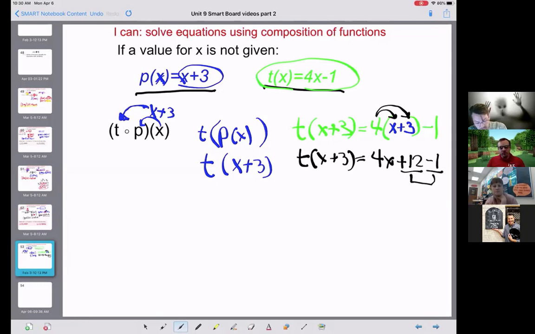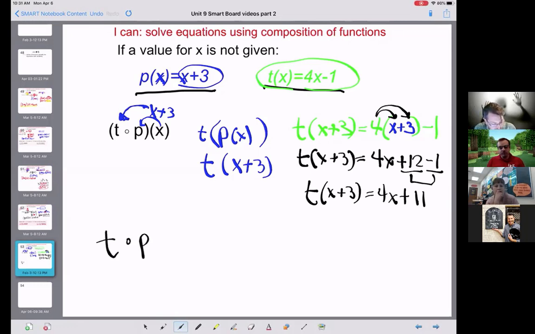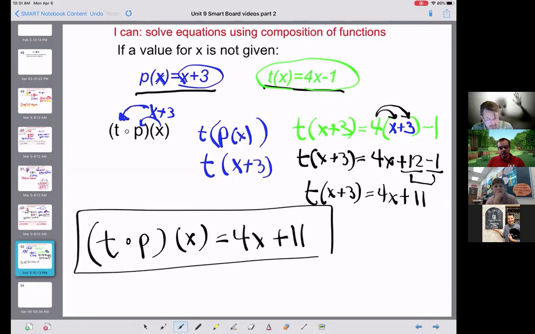And 12 minus 1 is 11. So t of x plus 3 equals 4x plus 11. Which means that when I plug the x into the t function, t of p of x equals 4x plus 11.